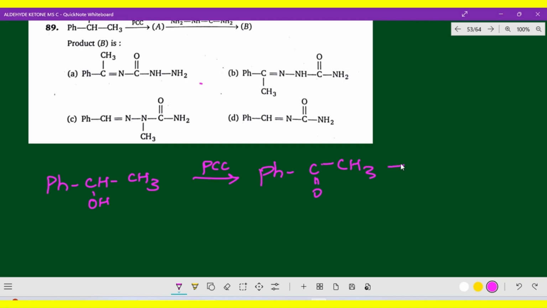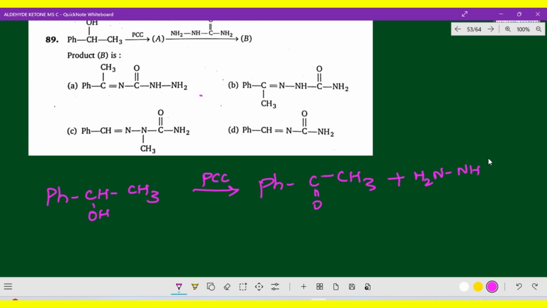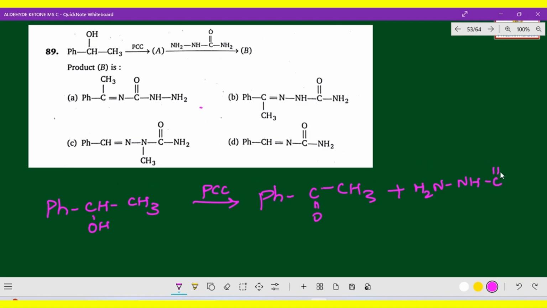Now this keto group combines with H2N-NH-C=O-NH2. Here one question you can ask: this keto group reacts with this, and this side also has lone pair of electrons available, and this side also has lone pair of electrons available.